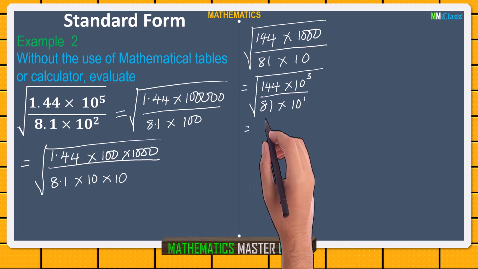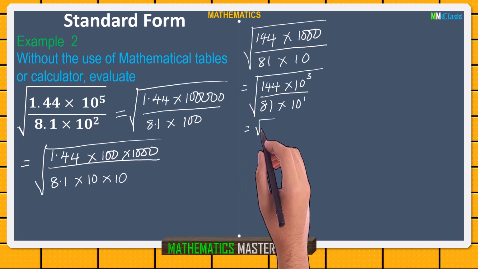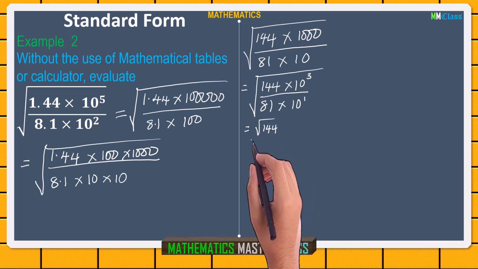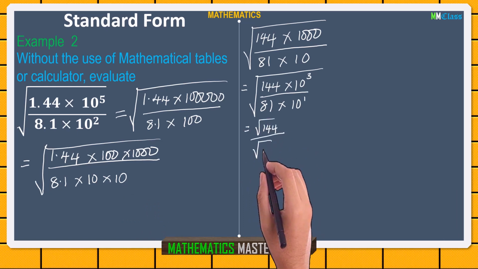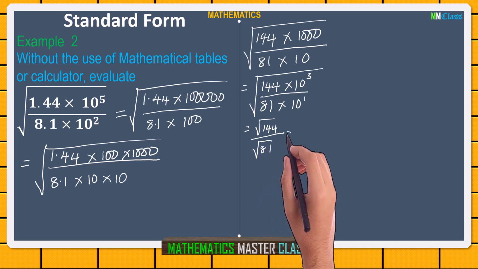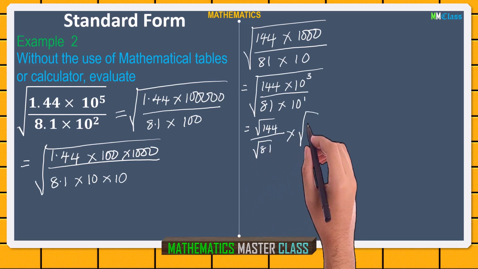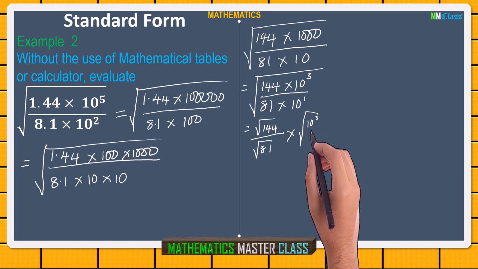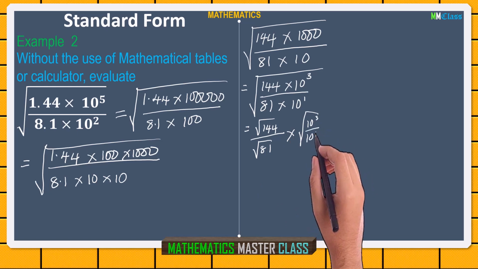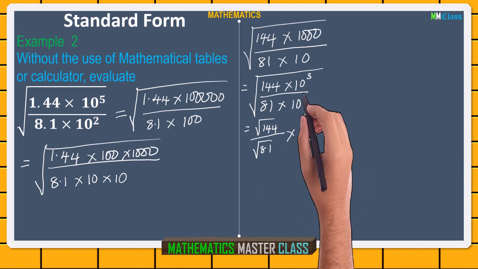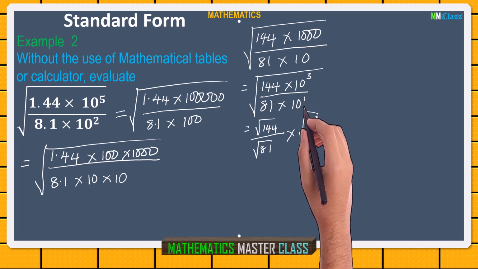So this will be equal to the square root of 144 all over the square root of 81, times, we'll take the square root again, 10 raised to the power 3 all over 10 raised to the power 1. 10 raised to the power 3 and 10 raised to the power 1 have a similar base, so you apply one of the laws of indices.